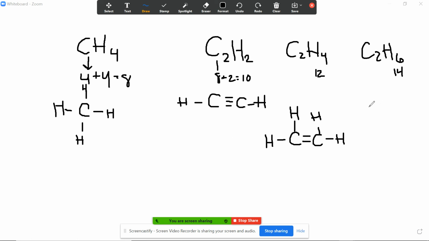So we're going to have a single bond because they're each going to have 3 hydrogens on them. This was ambitious of me to try to do these all on the same page, but we're going to get it done. So let's do 1, 2, 3.